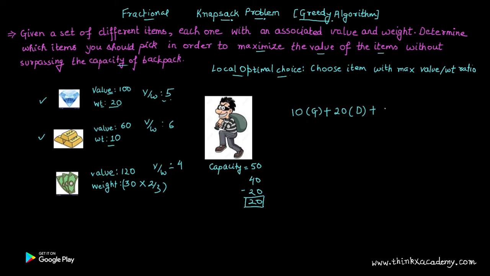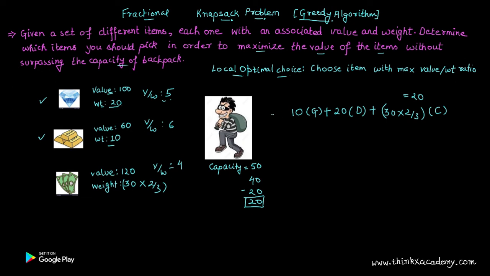So he is going to add the value 30 into 2/3. We will pick up the 2/3 ratio of the whole weight, which is 20. C represents cash. So this result will be equal to 20, which is the remaining capacity of the backpack.